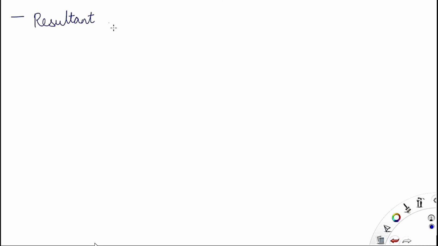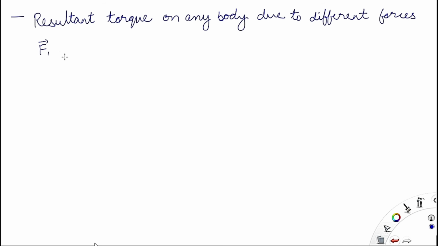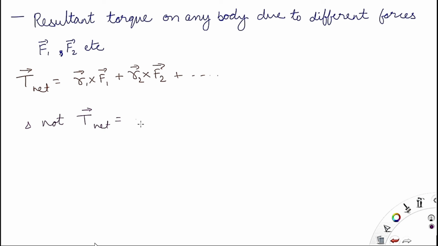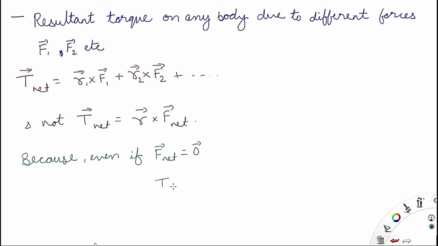Now resultant torque in any body due to different forces. When you have to find the resultant torque acting on a body due to the different forces acting, net torque is equal to the individual torque given by each force.